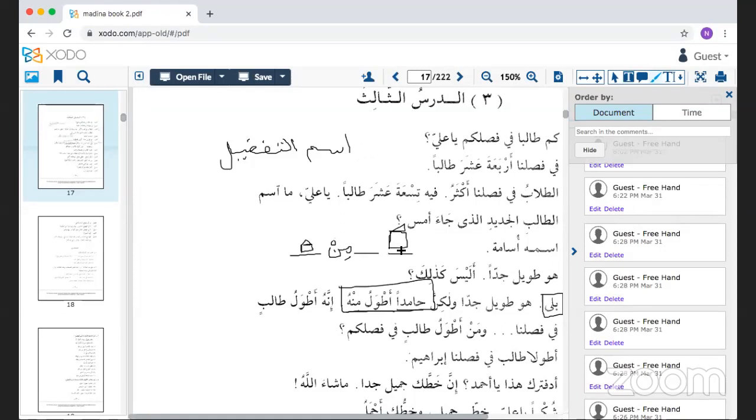You have the house, this is the big house, this is ism mufaddal. And you have ism tafdil, and then this is what you're comparing it to. So هذا البيت أكبر من هذا البيت أو من ذلك. هذا البيت أكبر من ذلك.